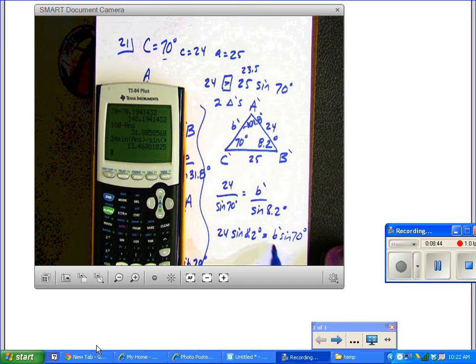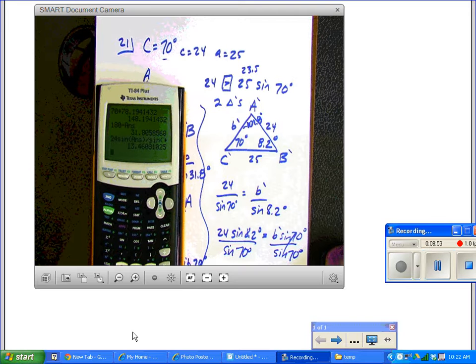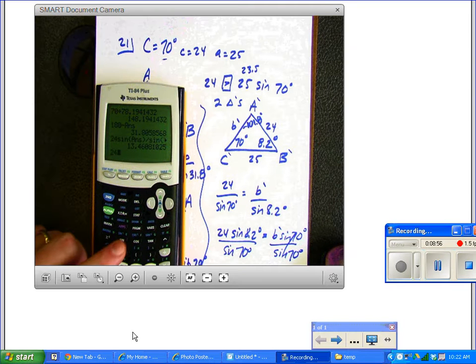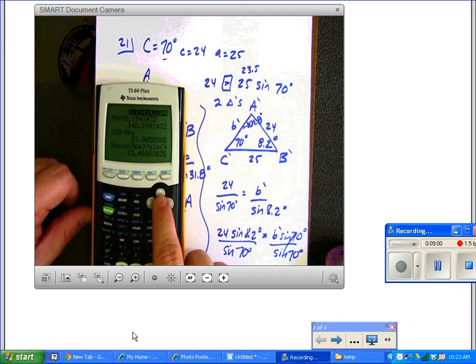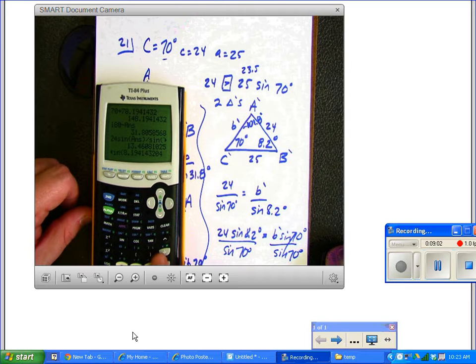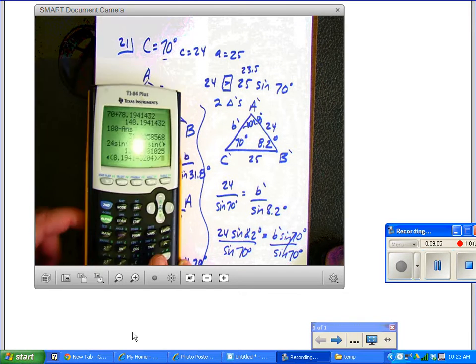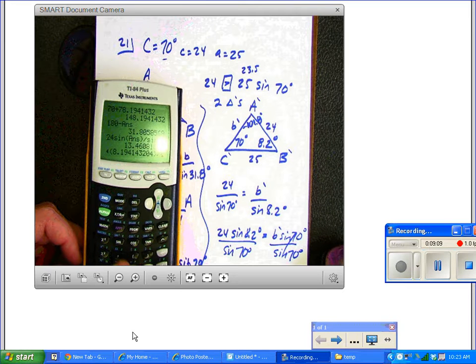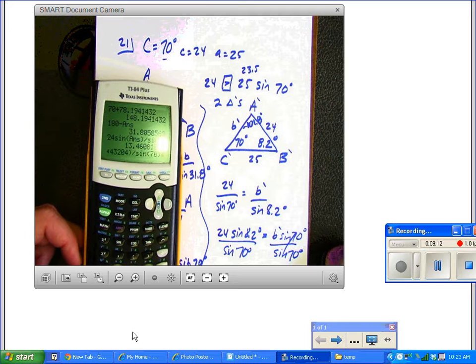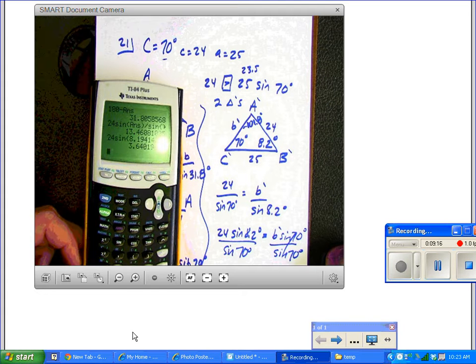Divide by sine of 70 degrees on both sides. Let's type this in. 24 times sine, now I got to paste 8.2, it's way up there, divided by sine 70. All right, 3.6.